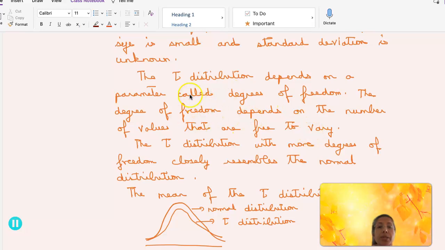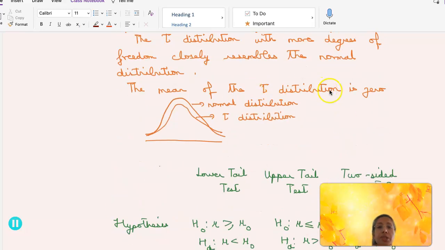So there is a formula to calculate the degrees of freedom for the t-distribution. It's a very simple formula. The t-distribution with more degrees of freedom closely resembles the normal distribution, and the mean of the t-distribution is 0. So for a normal distribution, we have it here, and this is the t-distribution. So you can see how close they are.